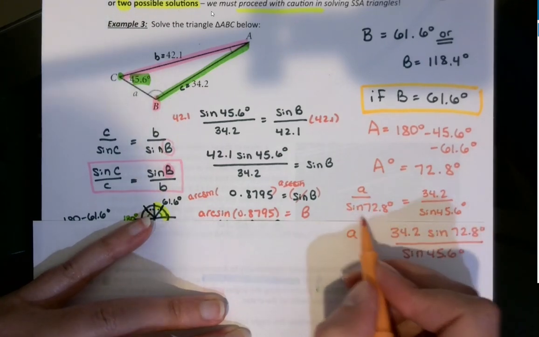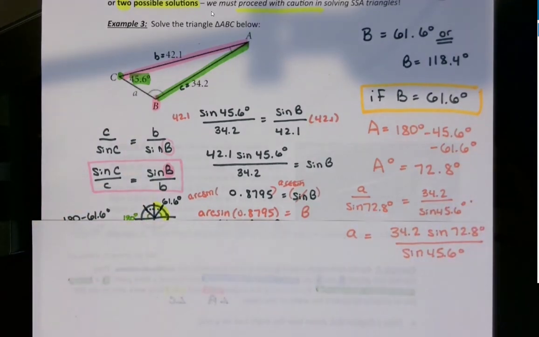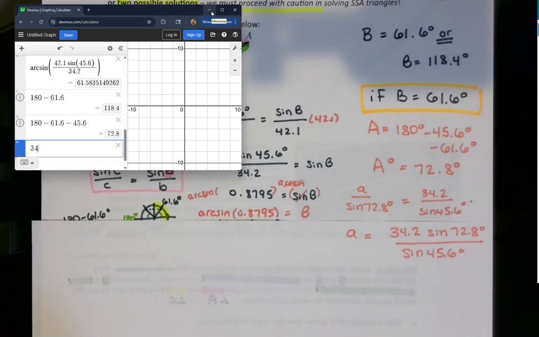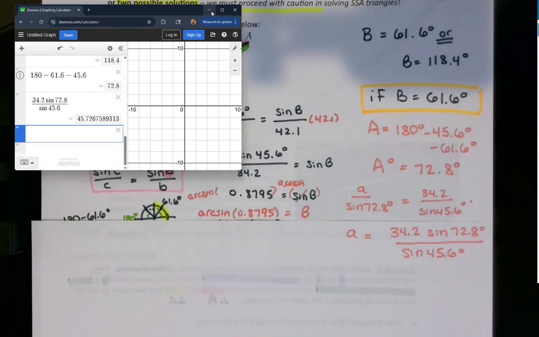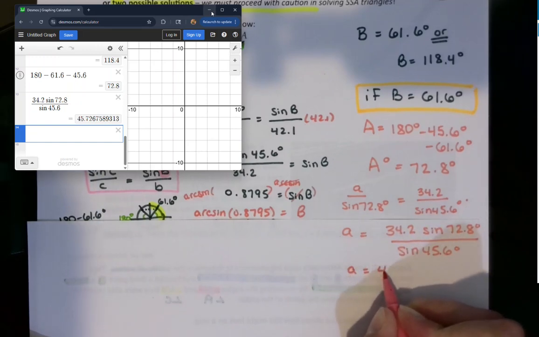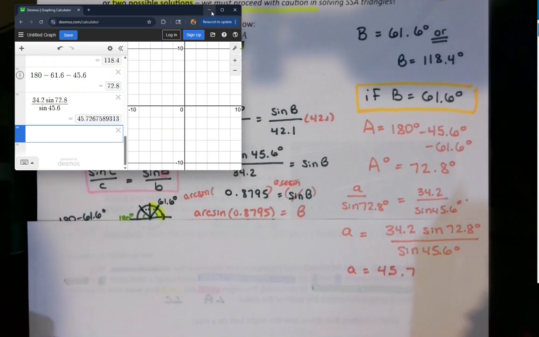Just multiplying this guy over to the other side there. And let's evaluate to find side little a. 34.2 times the sine of that 72.8 degrees divided by the sine of our 45.6 degrees. This gives us a measure for side little a of 45.7.